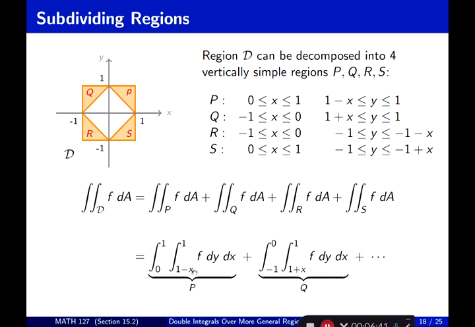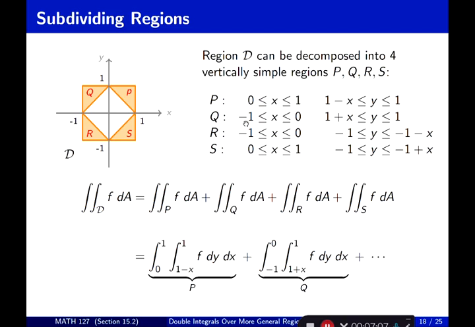And for each piece, the way we set it up is the inner integral goes in the y direction, so you find the bounds for that, and then you find the bounds for the outer integral. And that sets up the entire integral.